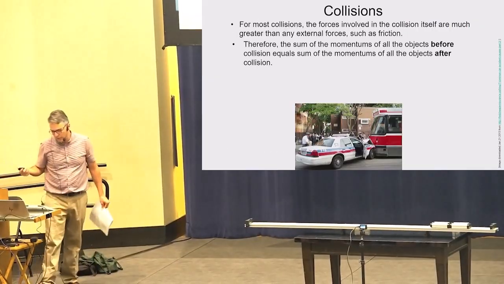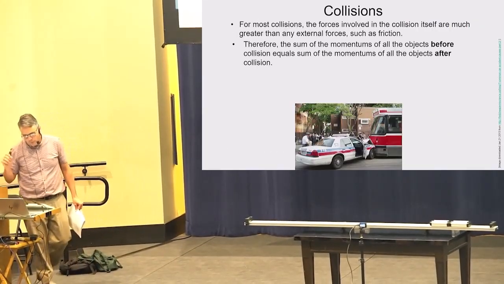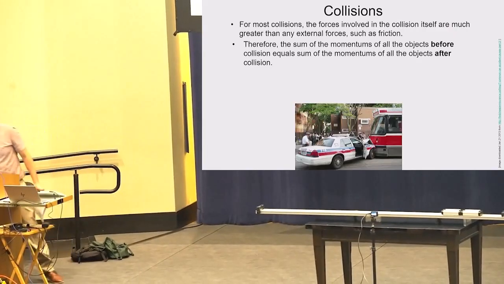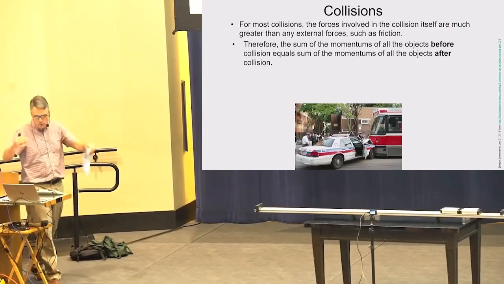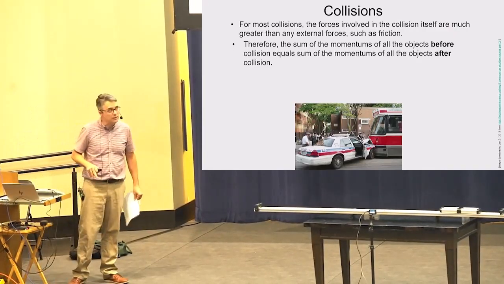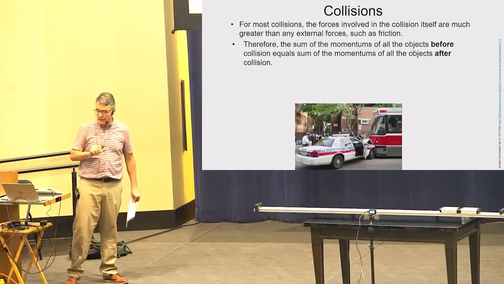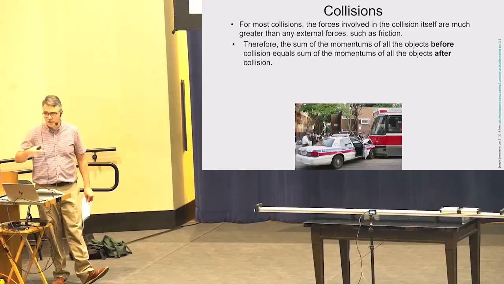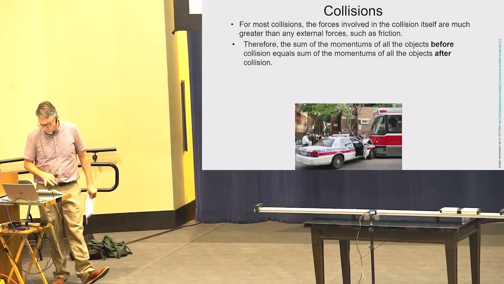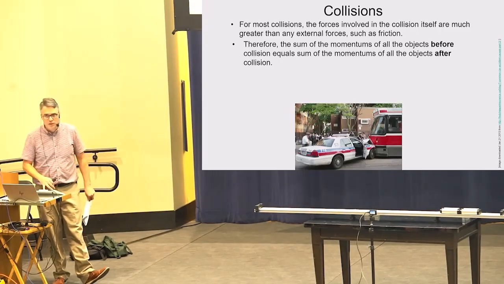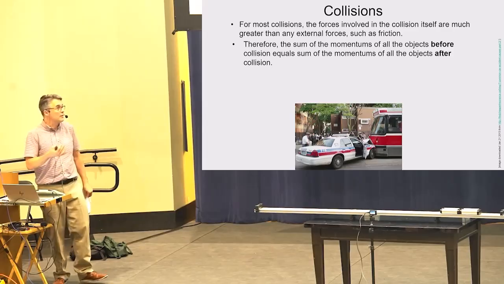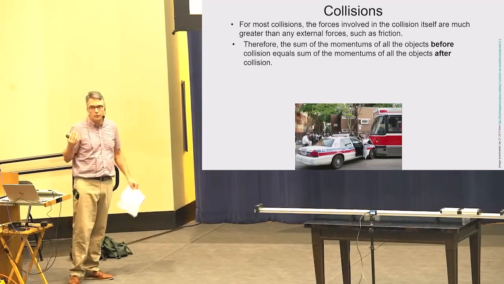Collision, so I just want to mention that for most collisions, the forces involved between the two objects that are colliding, like this police car and this streetcar, are much greater during the collision than any external forces. So there will probably be friction on the police car. There'll be gravity on the police car and the streetcar, which are pretty large forces.